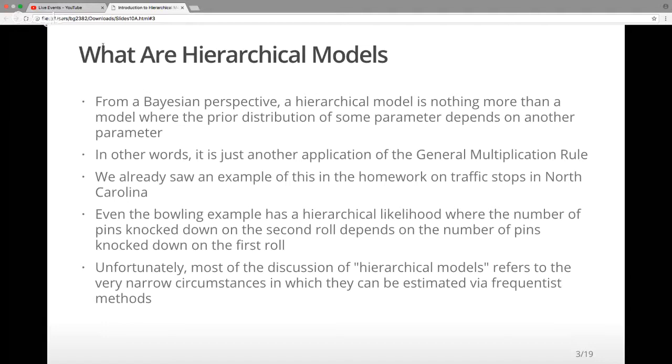And it was much easier to compose a bivariate distribution for what happens on the two rolls in a single frame of bowling by composing it as a marginal probability density function for the first roll multiplied by a conditional probability density function for the second roll given the first roll. Now, in the bowling example, when we were first starting out, like the first or second week of the semester, we actually didn't have any unknown parameters.